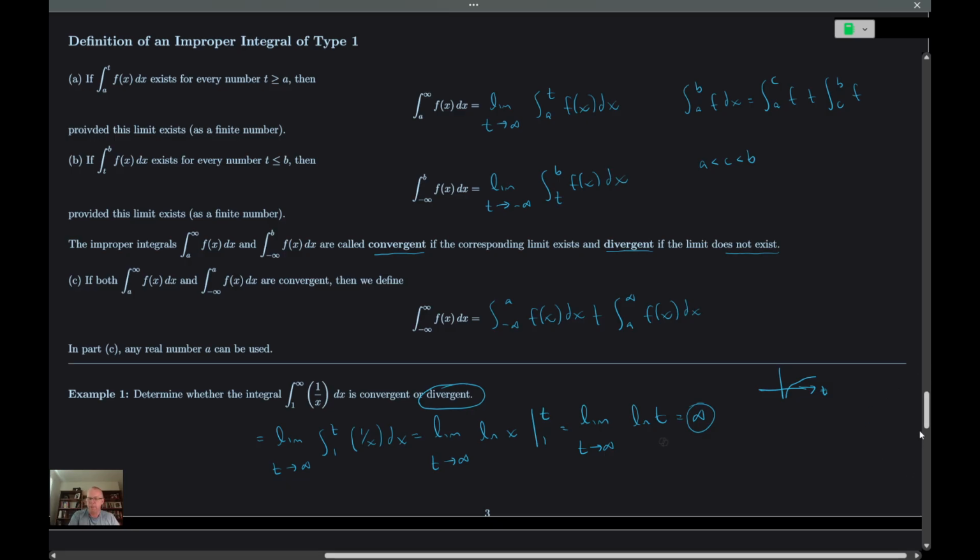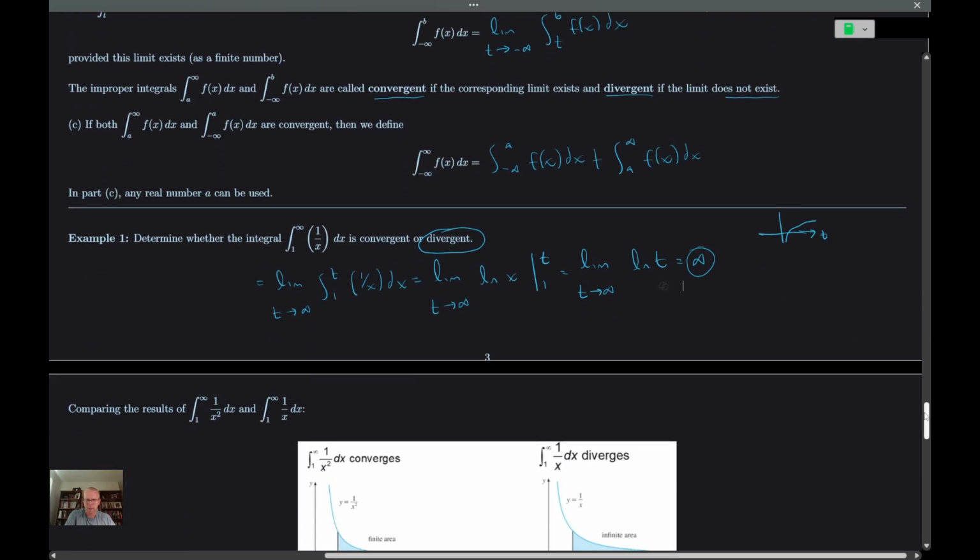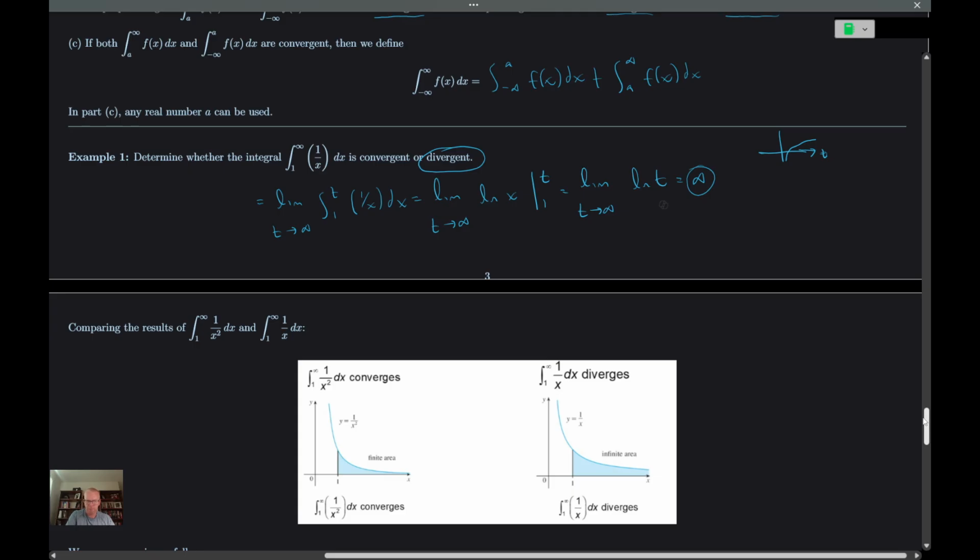So let's talk about these two, because this is a little bit interesting. If you look at the graph of 1 over x and you compare the graph of 1 over x squared, they actually look basically the same. But one of them is finite and converges, and the other is infinite and diverges.